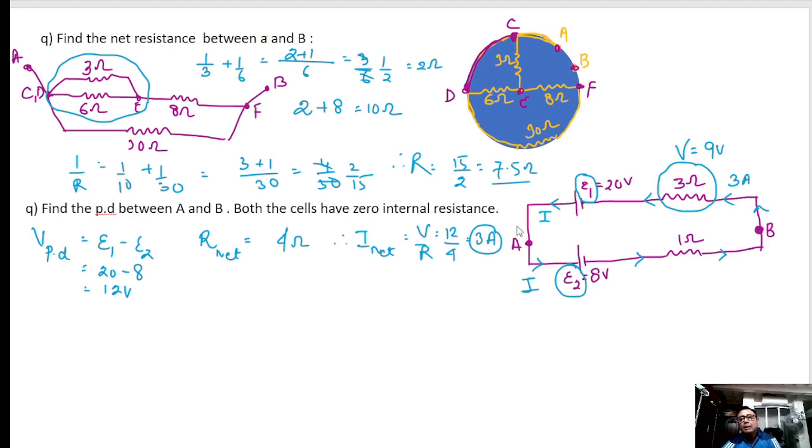So watch in the upper part. The point A is connected to the battery, upper battery directly. That means this is 20 volt. Here is a 9 volt drop. So out of 20, 9 volt gone here. So here will be the remaining voltage, 11 volt.